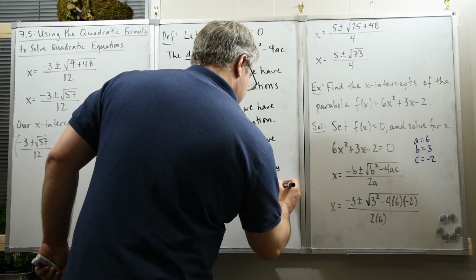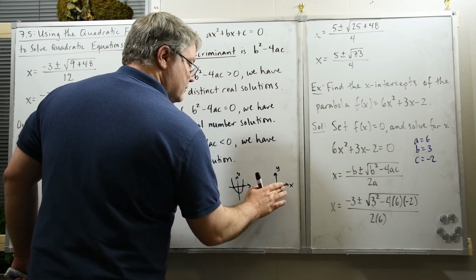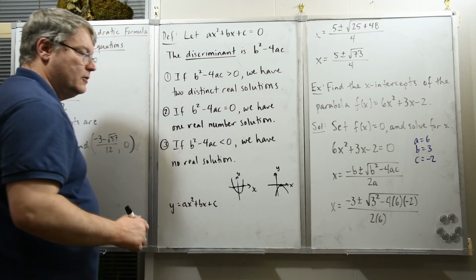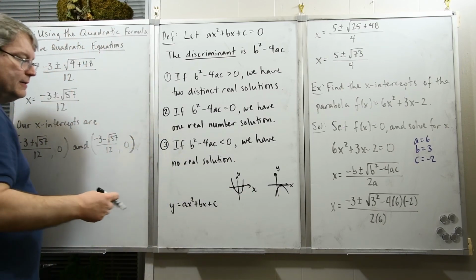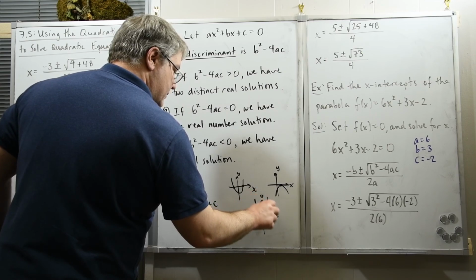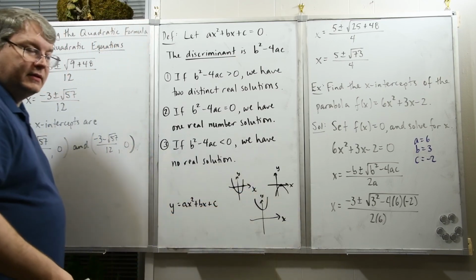If I had a situation like this, I would know that the discriminant was equal to 0, because the graph would only be touching the x-axis in one spot. And if I had a situation like this, then I would know that the discriminant would be less than 0, because there are no x-intercepts in that case.